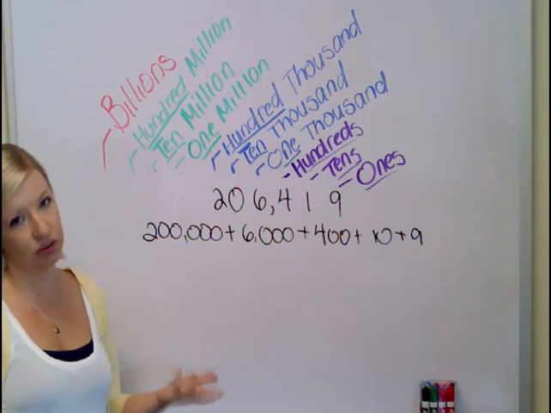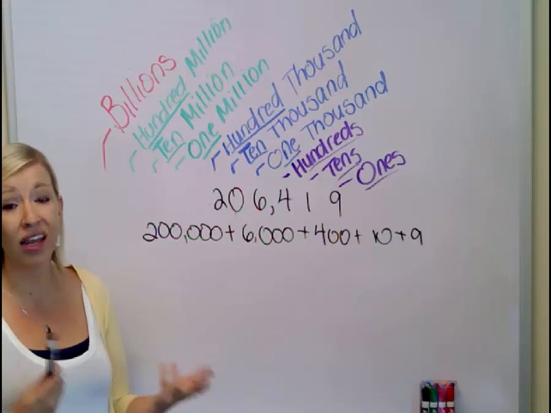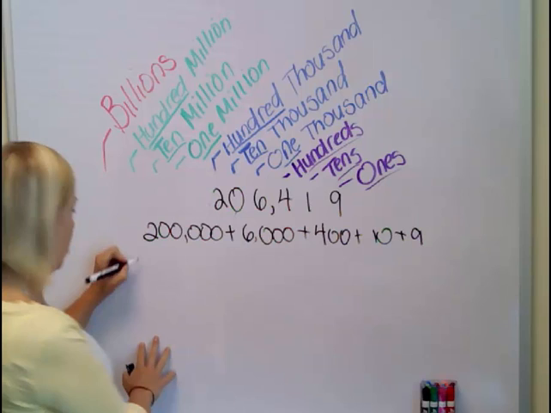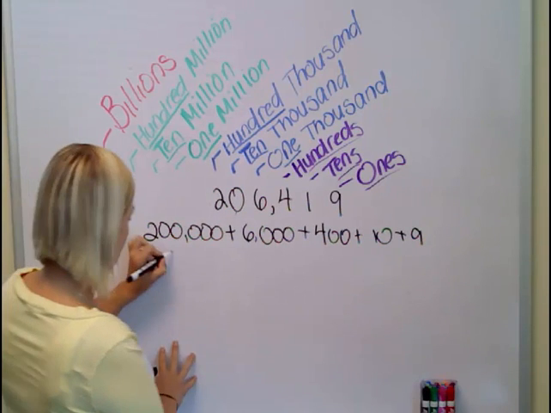Word form, that's really easy to figure out. It's just how you would write it if you were writing this as a number. So 200, and give me a second, it'll take a second.